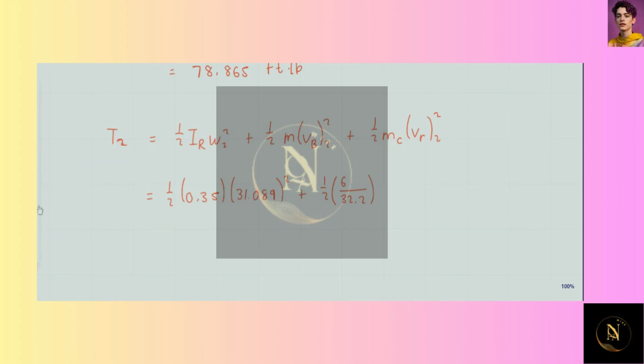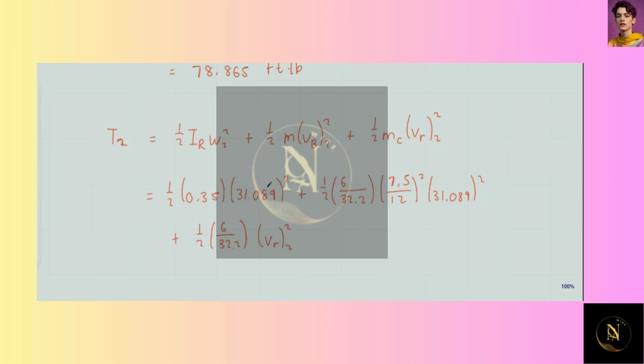Again, we can just suppress the units here. Times V squared we can write as 7.5 over 12 in feet, so that's R, and we can square that, multiplied by omega squared, which is 31.089 radians per second, again that's squared, plus the last term is a half times the mass of C, which is 6 over 32.2 times V_R squared, which is in position 2.